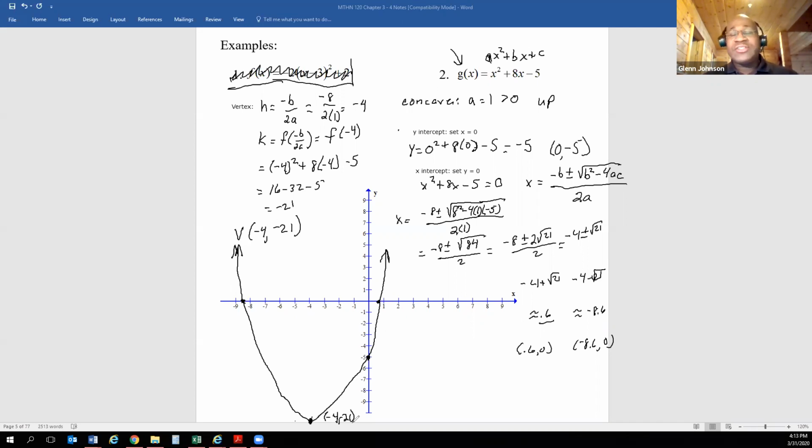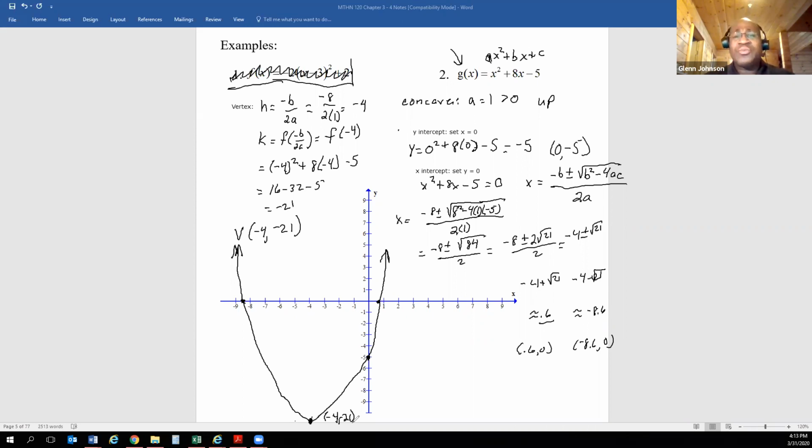All right, now this one did require a little bit of work for two reasons. One, the equation was written in general form, so that required a little work for us to find the vertex. And the second thing is that we had to use the quadratic formula to find the x-intercepts. And sometimes that's going to happen.